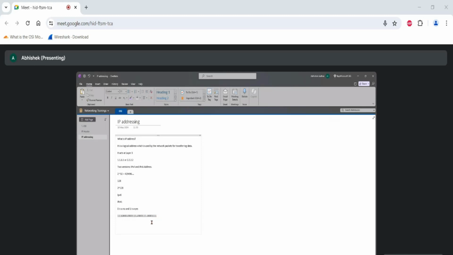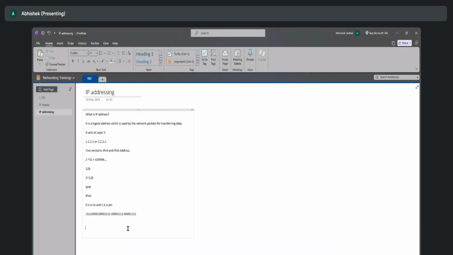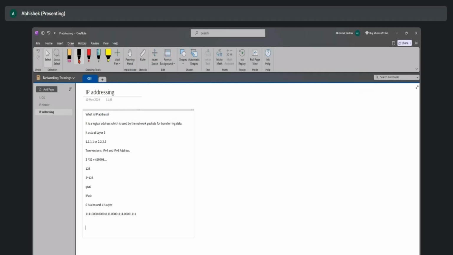Now, how do you convert a number or an IP address to binary? It's simple.